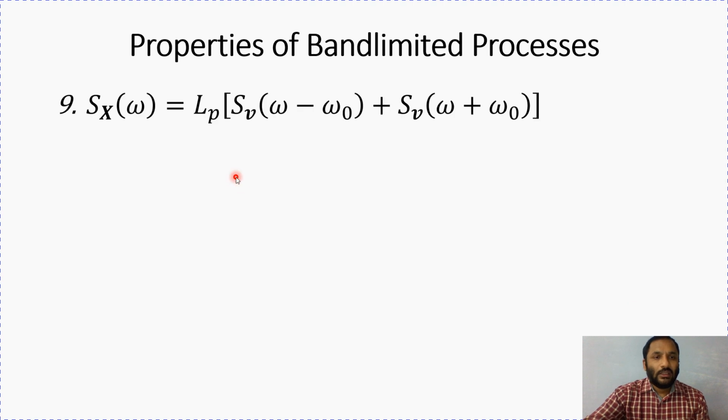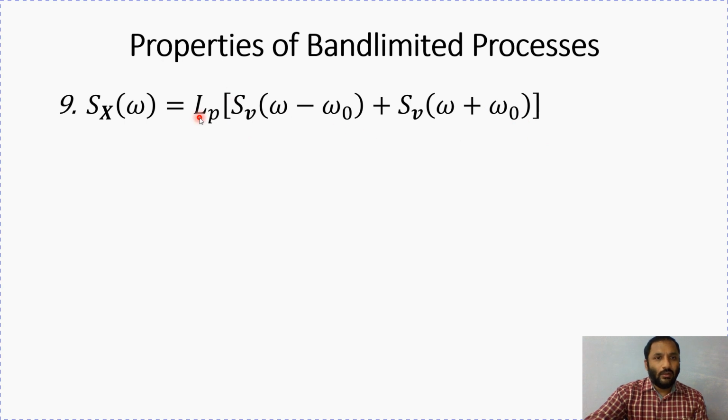Now, the ninth property tells us that the PSD of X can be computed as a low pass component. LP means an operator which only extracts the low pass components, the low frequency component, of the entire PSD.